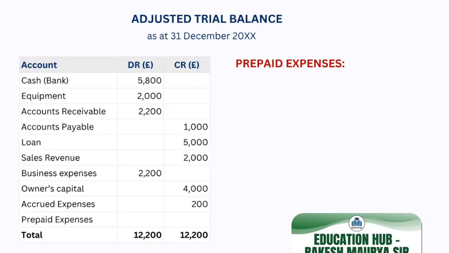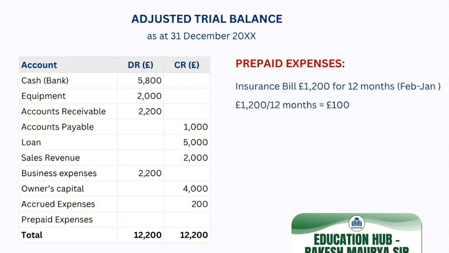Prepaid expenses happen when a business pays for something in advance or is charged for a future period before receiving the full benefit. For example, suppose the business receives an insurance bill for £1,200 covering 12 months from February to January. When the bill is first recorded, the full £1,200 may be treated as an insurance expense.